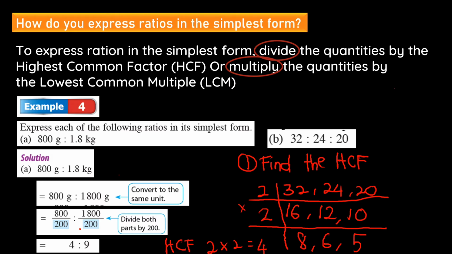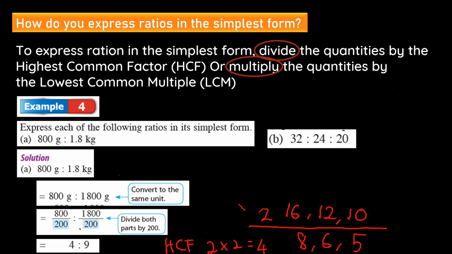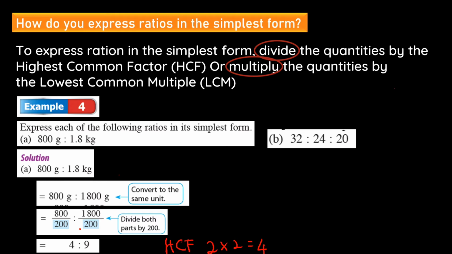After we get the HCF, we can proceed to find the ratio. We already found the HCF, which is 4.